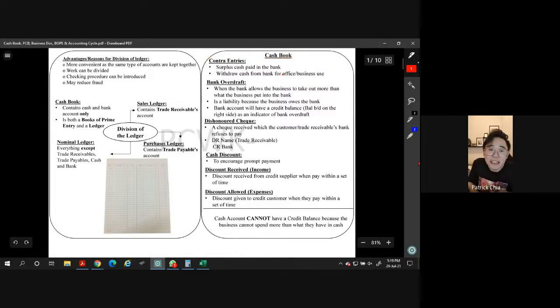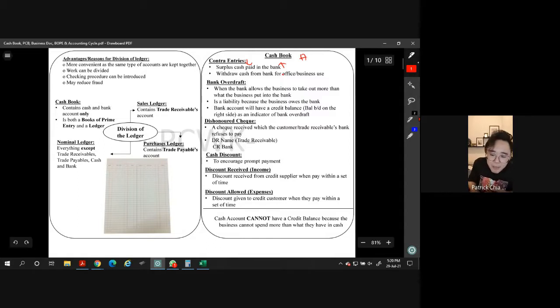So the other day we already did double entry, I hope this one is no problem. If it's cash to bank, it means your bank will go up, and then cash will go down. And you know money is all asset. I hope by now you know how to do all this up and down in double entry. So if it's asset plus, what do we do? Asset minus, what do we do?